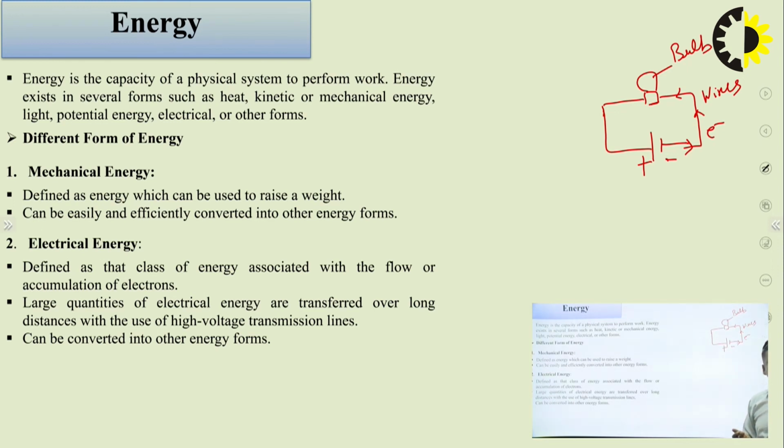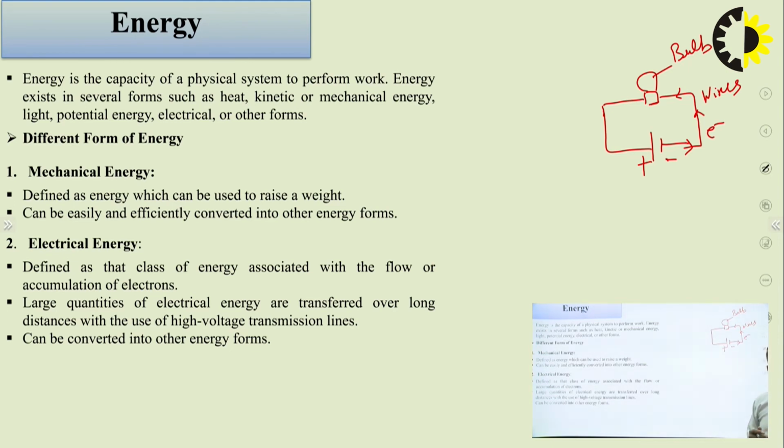In the steam turbine, water is converted into steam and this steam is utilized. The pressure of this steam is responsible to rotate the rotor of the turbine, and therefore electricity is generated. So large quantities of electricity are transferred over long distances with the use of high voltage transmission lines.